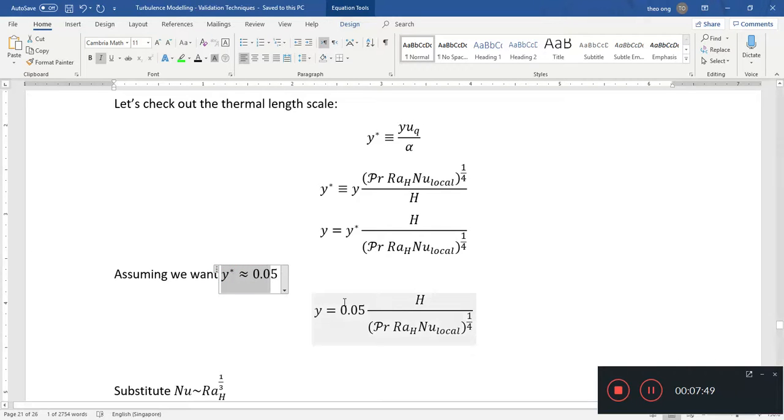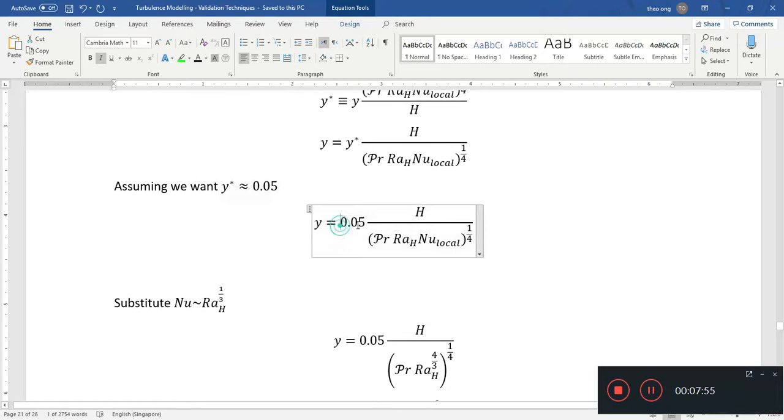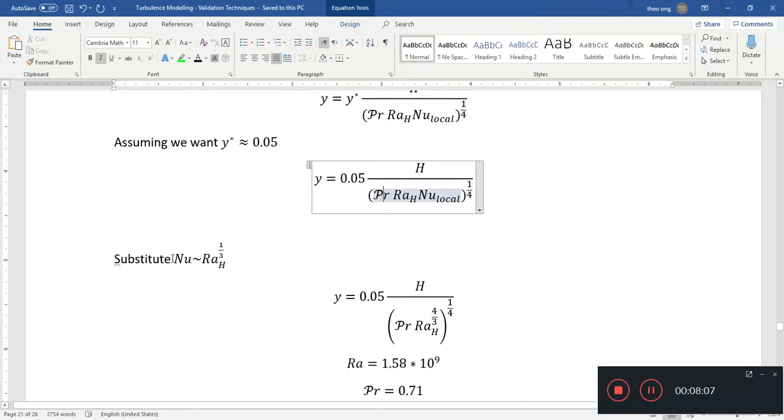That's a good guideline, the smallest dimensionless velocity scale. So just like we use the smallest delta x plus is also 0.05. Then we get this correlation here. We have h over these three dimensionless numbers, and we substitute the Nusselt number as scaling as 1 over the cube root of the Rayleigh number, and then we have this very neat expression.